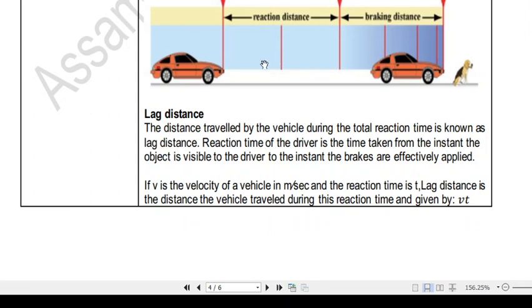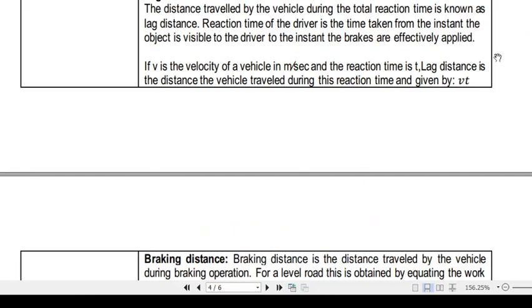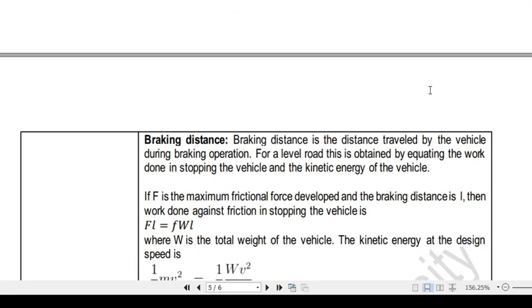So for our calculation, suppose the velocity of the vehicle is v meters per second and the reaction time is t seconds. The total distance covered during that reaction time would be v into t meters. Now coming to the next portion, that is braking distance.